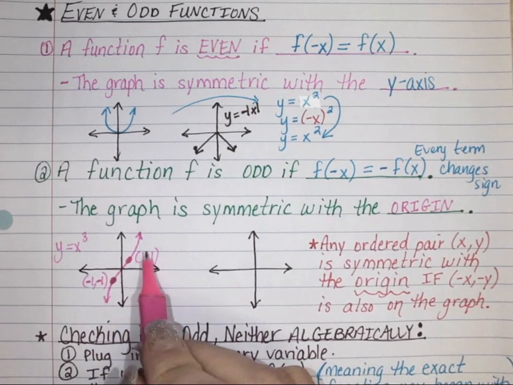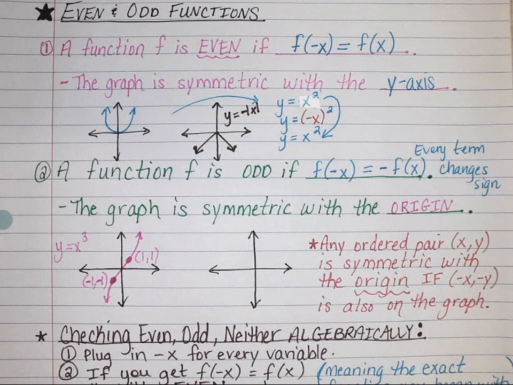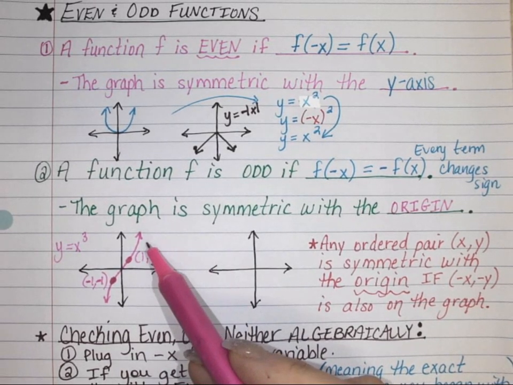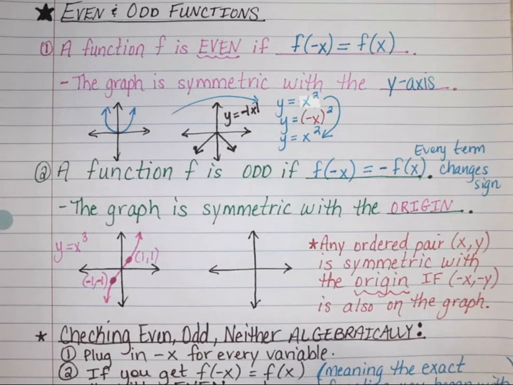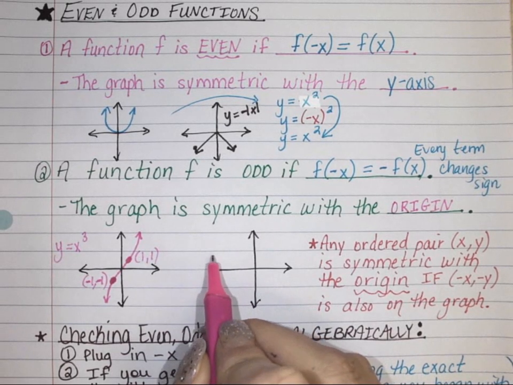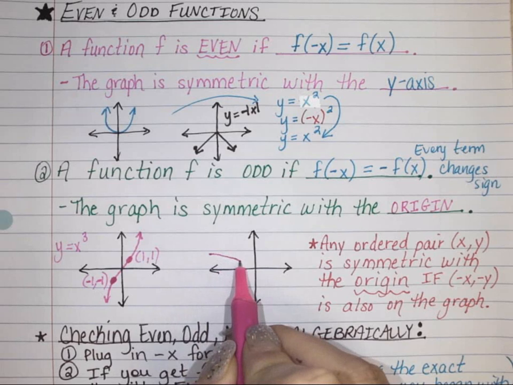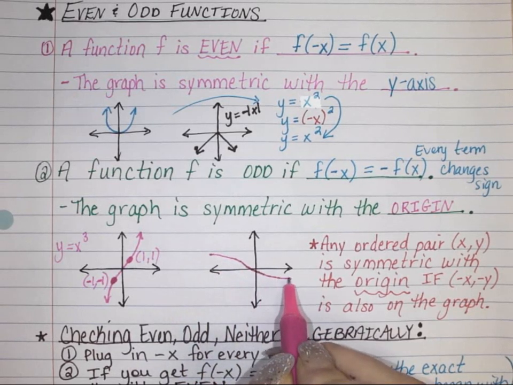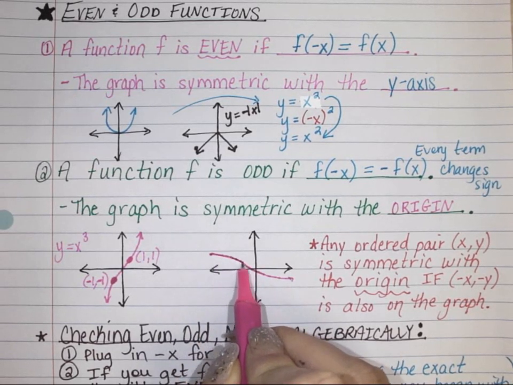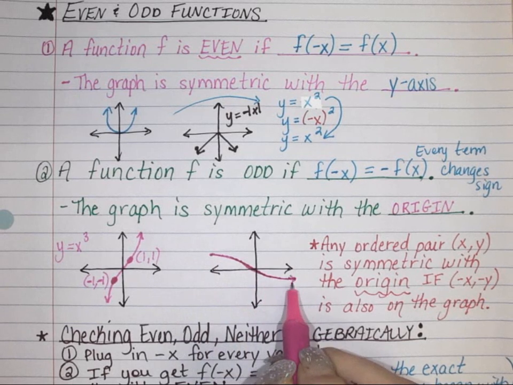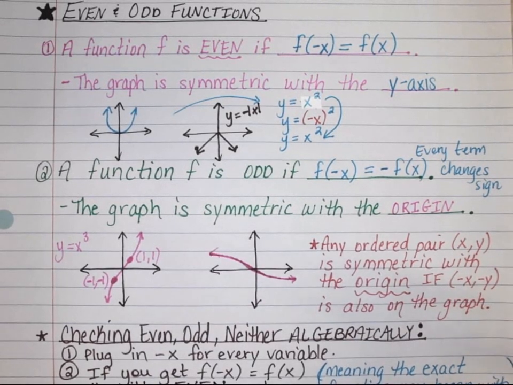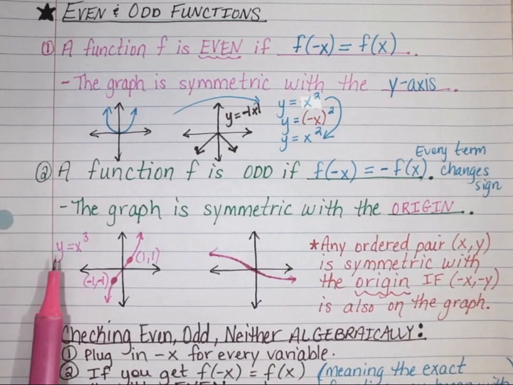So whenever that's true, that always indicates origin symmetry and that it's an odd function. The signs will be different. Or you can think about it also like this. They will be in quadrants across from each other, like diagonal quadrants. Another type of graph that would have origin symmetry is one resembling this, which is actually a transformation of this graph.